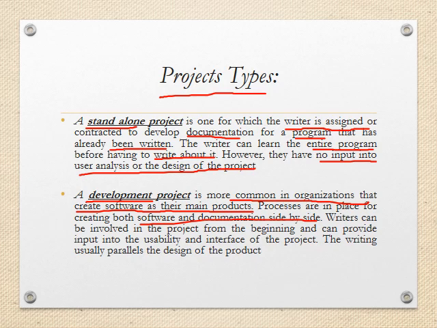So writers can be involved in the project from the beginning and can provide input into the usability and interface of the project. The writing usually parallels the design of the product. In this case the writer is part of the team and will be involved in the documentation and development process at the same time.